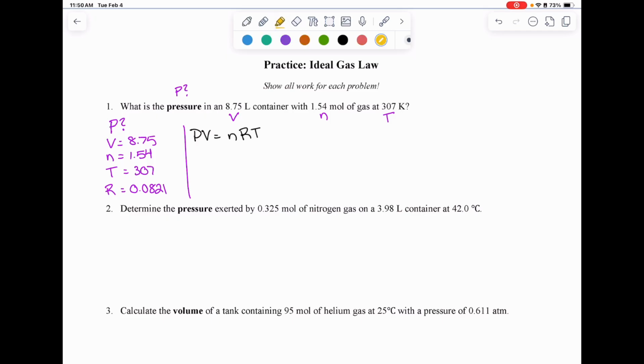Now here, we're going to be looking for P. So let's go ahead and get rid of V on this side. So our equation would be nRT all over V. And if we plug in what we know, n is 1.54, R is 0.0821, temperature is 307, volume is 8.75.